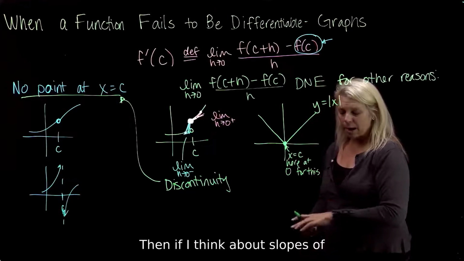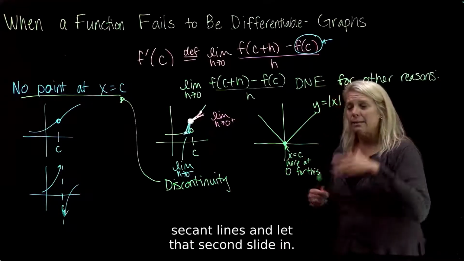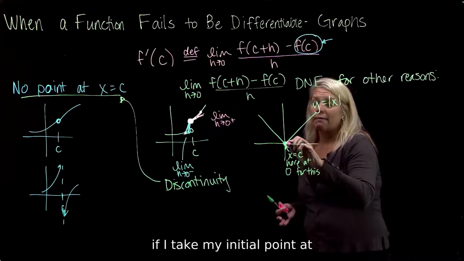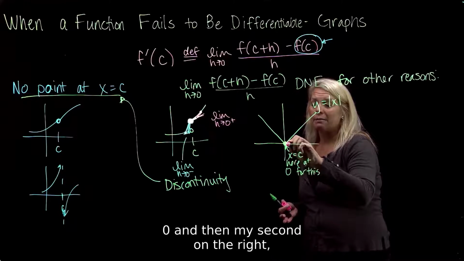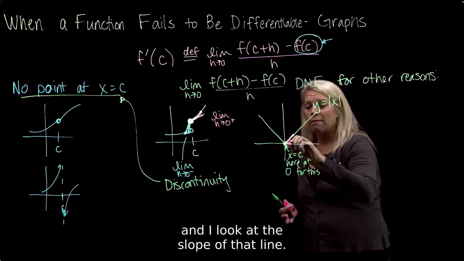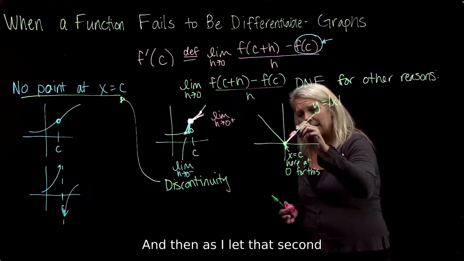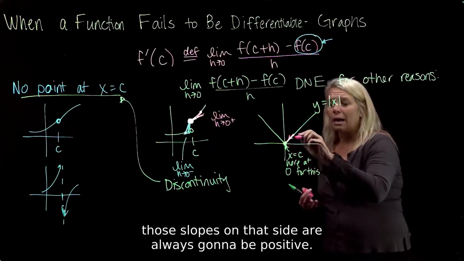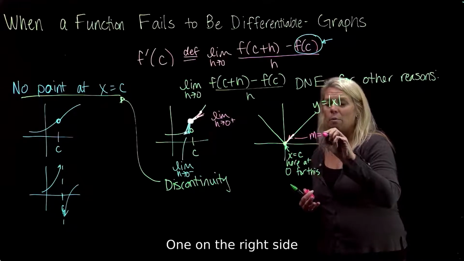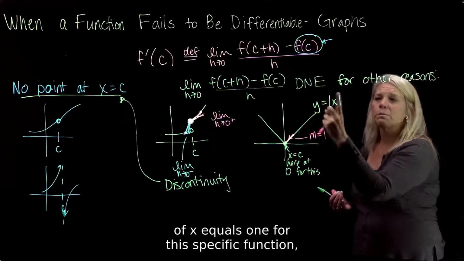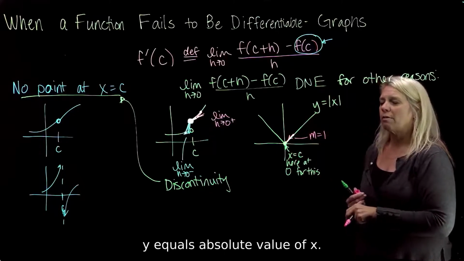And then if I think about slopes of secant lines and let that second point slide in, you can see that on one side, if I take my initial point at 0 and then my second point on the right, and I look at the slope of that line, and then as I let that second point slide in toward the first one, those slopes on that side are always going to be positive 1 on the right side of x equals c for this specific function, y equals absolute value of x.